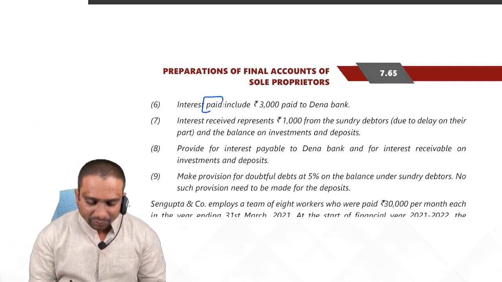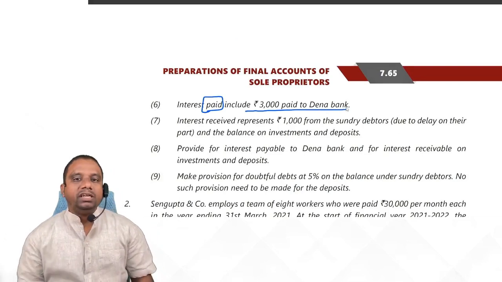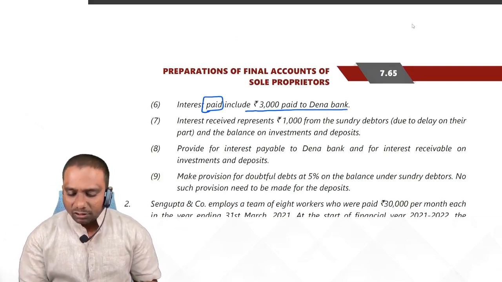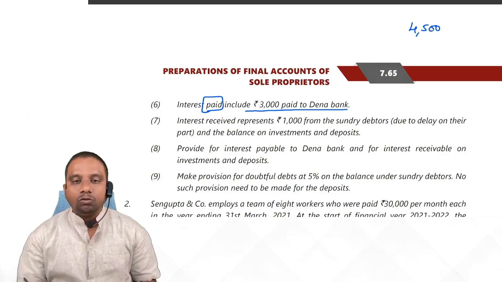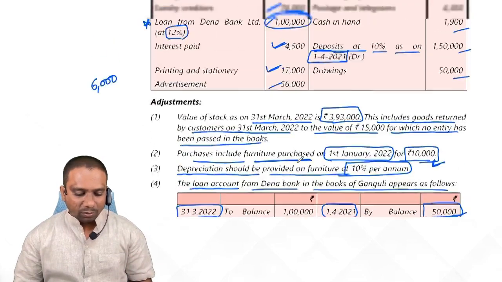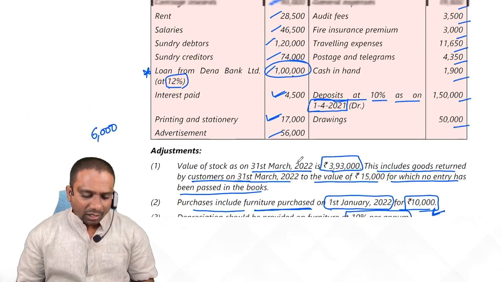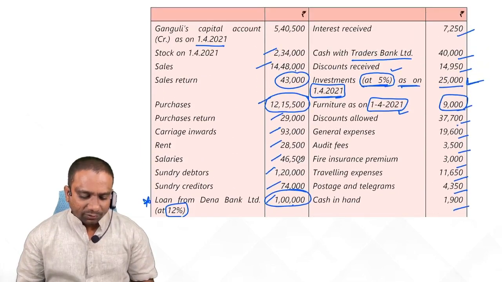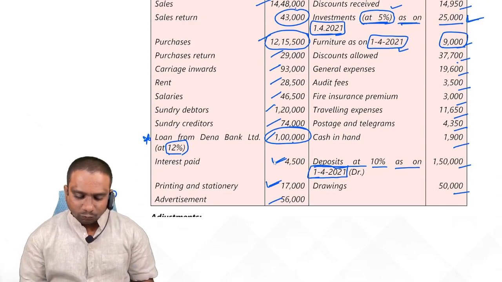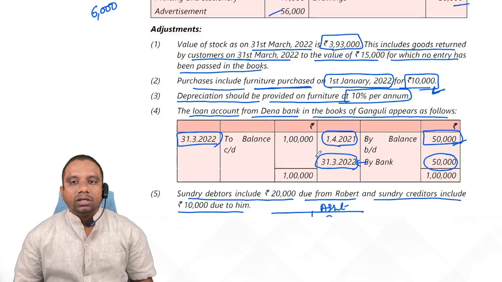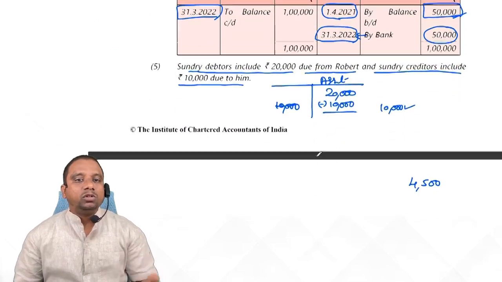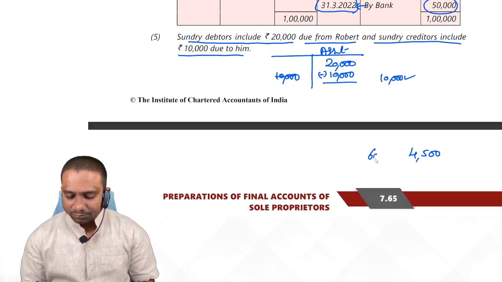Interest paid includes 3,000 paid to Dena Bank. Generally, total what is the interest paid? 4,500 as per trial balance. But we have calculated interest payable to Dena Bank, that is 6,000.